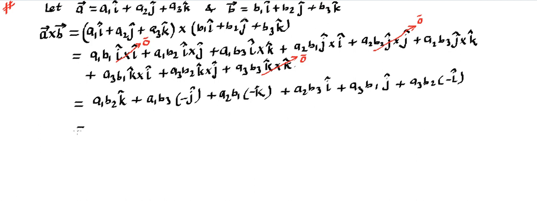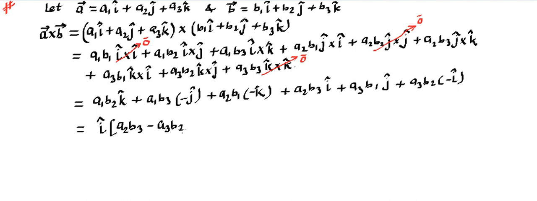Now if you look carefully at these 6 terms, 2 terms will be of i cap, 2 terms will be related to j cap, and 2 terms will be related to k cap. So let's collect this i cap first. When we collect the i cap together, we will find there's a positive term, which is a2 b3, and then minus, because this is a minus sign, a3 b2.